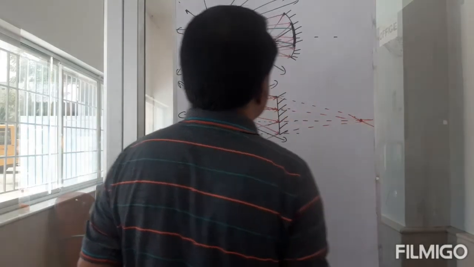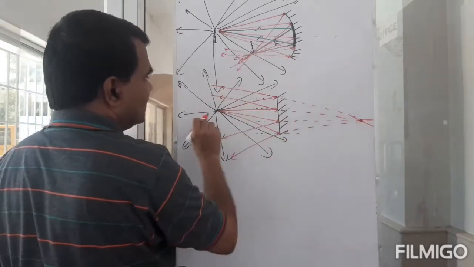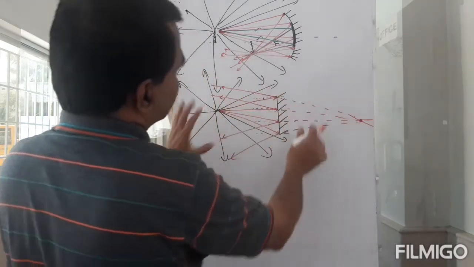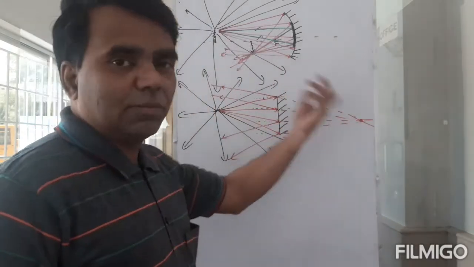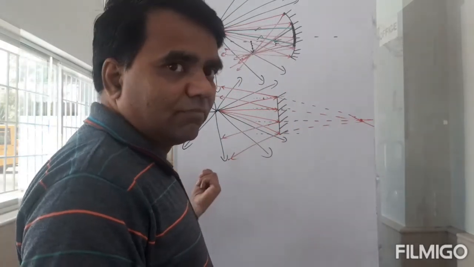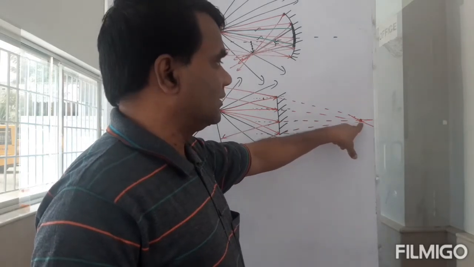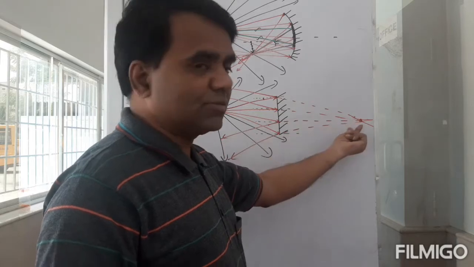So let's say this is the image. It looks like this ray is coming from there, and this ray is coming from there, and this ray is coming from there, and this ray is coming from there. So this seems to be the object from where these lines come. Okay. So now clearly I'll say that this is a virtual image.